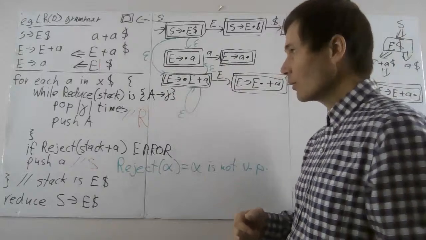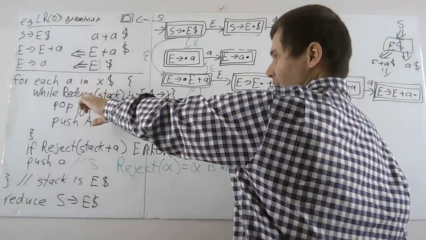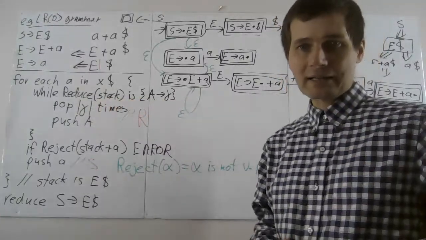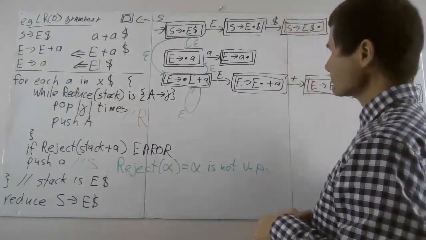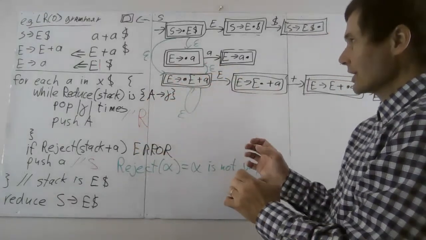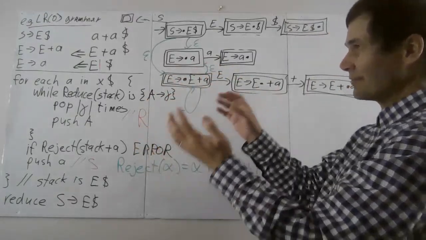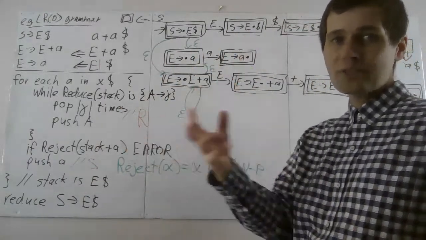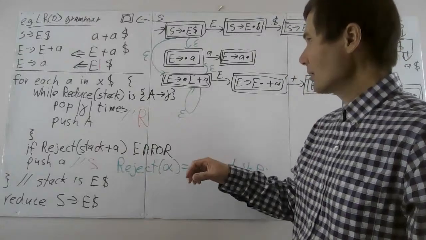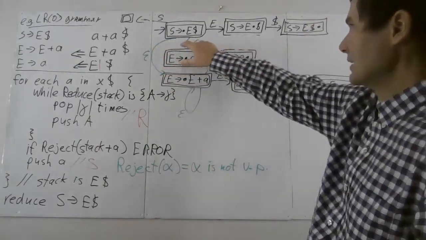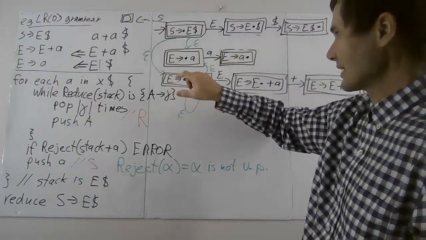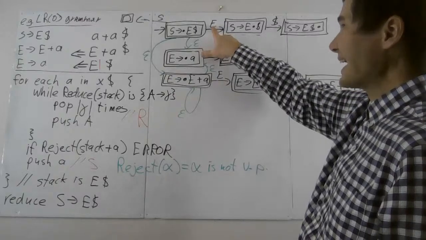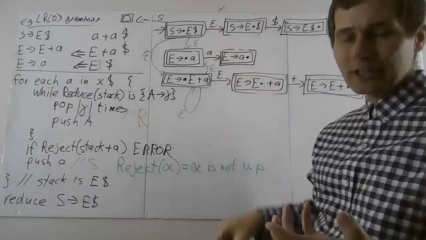And why not? Well, because first, it always asks itself, can I reduce what's on the stack? And remember, reduce is to say, well, if gamma was popped off the stack and A was pushed in its place, would that still be a viable prefix? But the reason that I have this sequence of states that recognize gamma was that I had a transition with A on it.